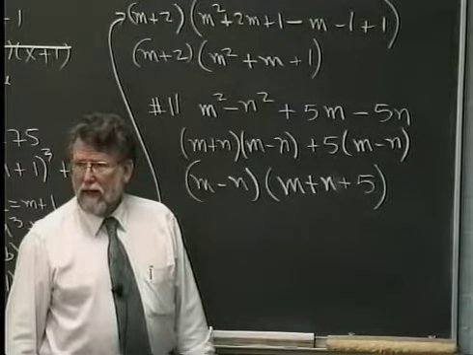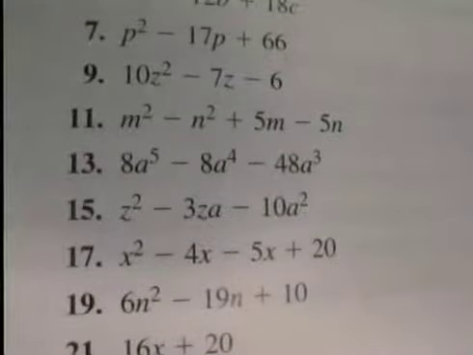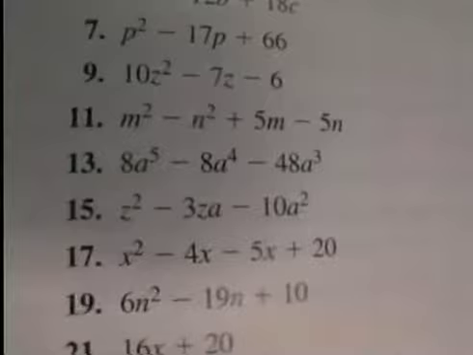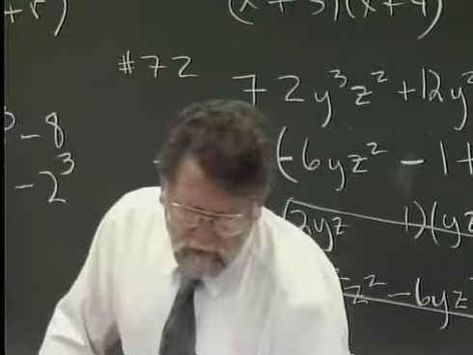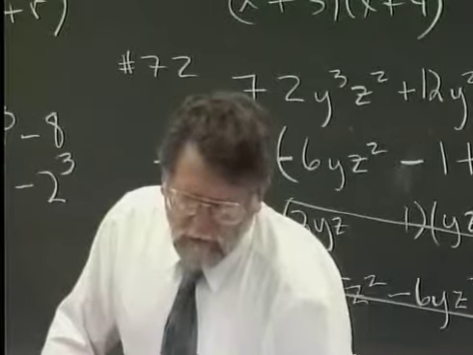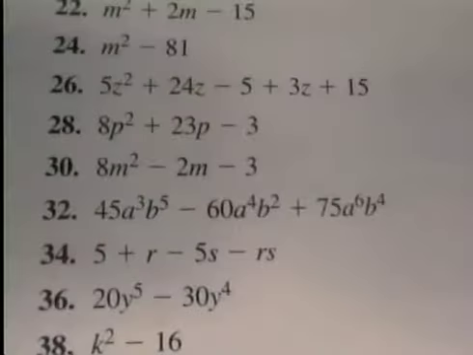Okay, back to the document cam. Okay, on the list, I have number, let's see, 32. Okay, let's come to what we have there. The key here is to see an A and a B in every term, and then to see the 15.